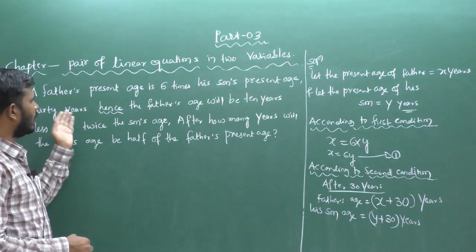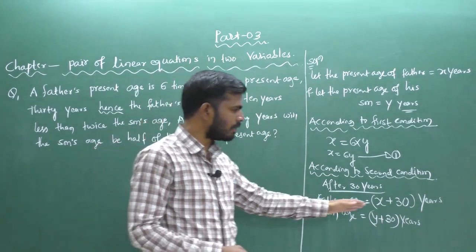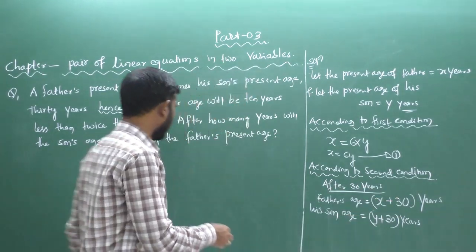Here it is given that 30 years hence, the father's age will be, what is the father's age after 30 years? That is x plus 30.